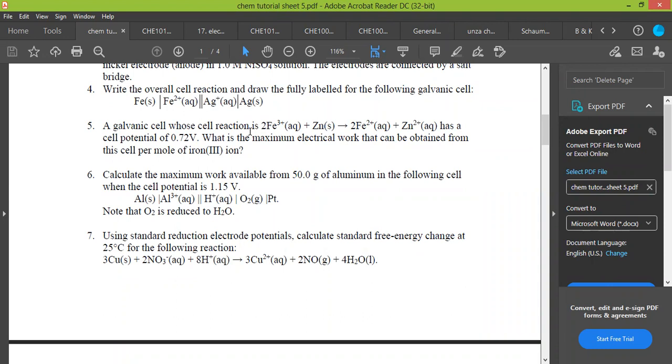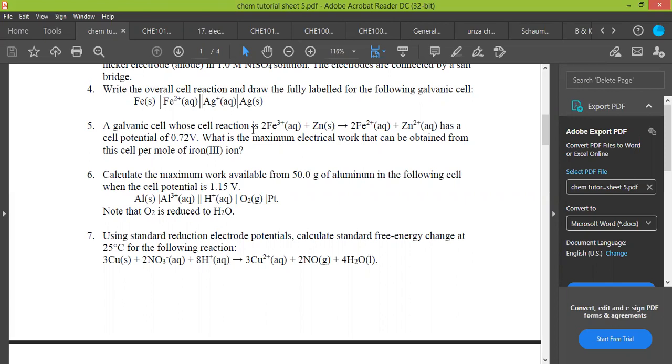So the equation that you're going to use for free energy is the same equation you are going to use to calculate work done. So the equation for free energy is G equals negative nFE cell. Now the E cell is the electrode potential of the cell.